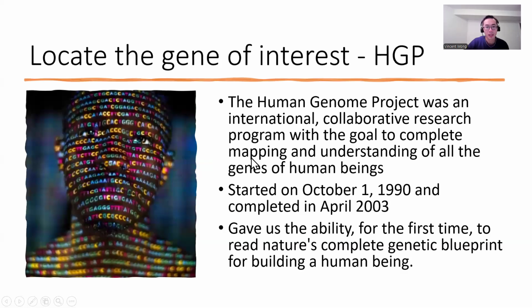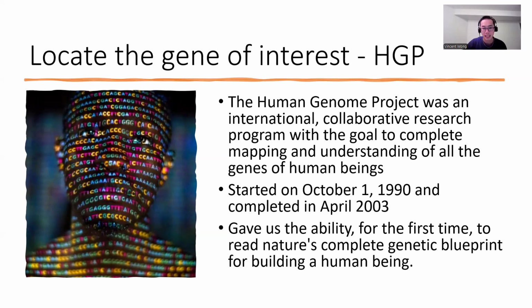So here we go. Locating the gene of interest. Where in the human genome? Where in the 23 pairs of chromosomes will you find the gene that you need? This used to be an impossible task. It would take decades of research sometimes to figure out the gene of interest. But thanks to what's called the Human Genome Project, now anybody with an internet connection can look up any gene they want.